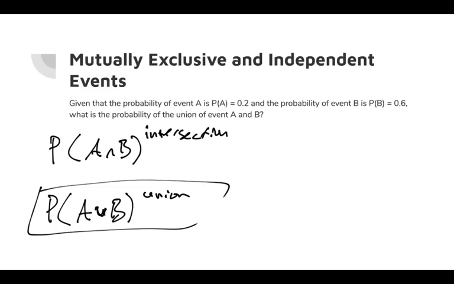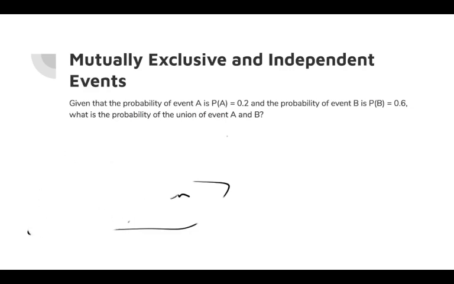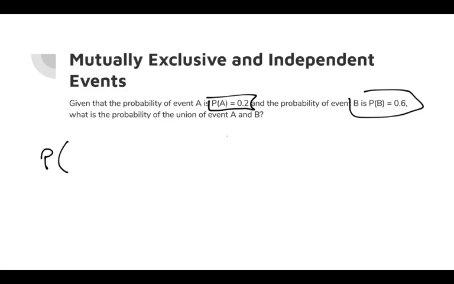Okay, so a quick example of this. I have this problem. Given that the probability of A is 0.2 and the probability of B is 0.6, what is the probability of the union of A and B?